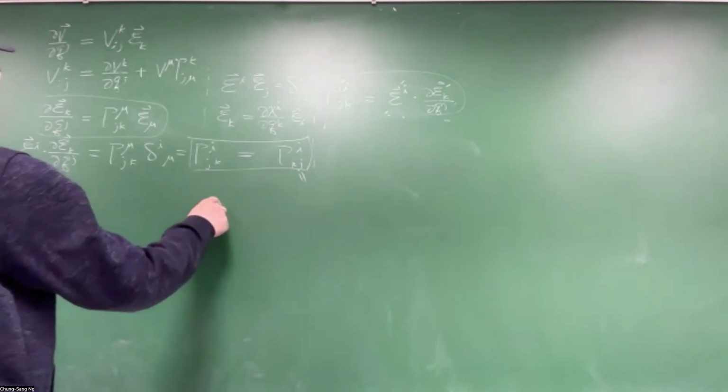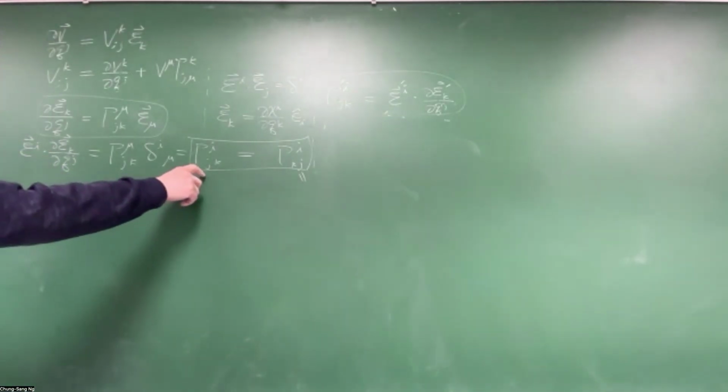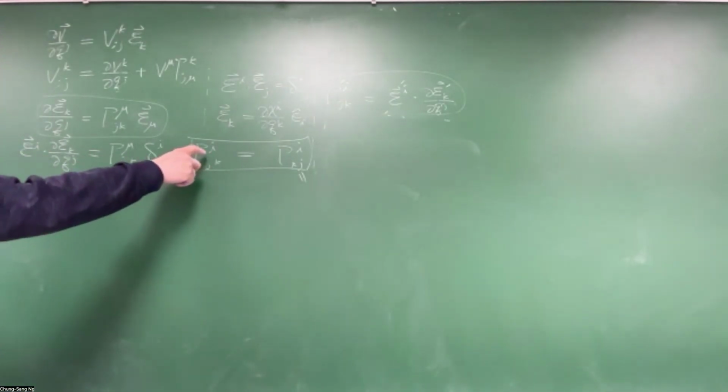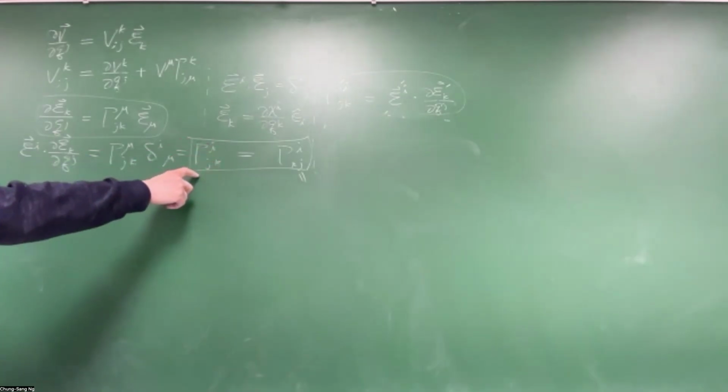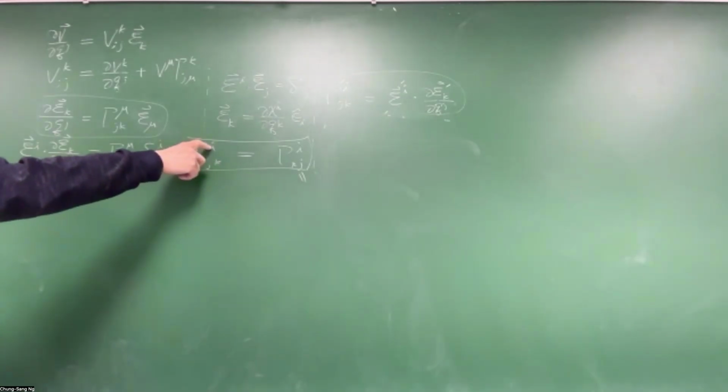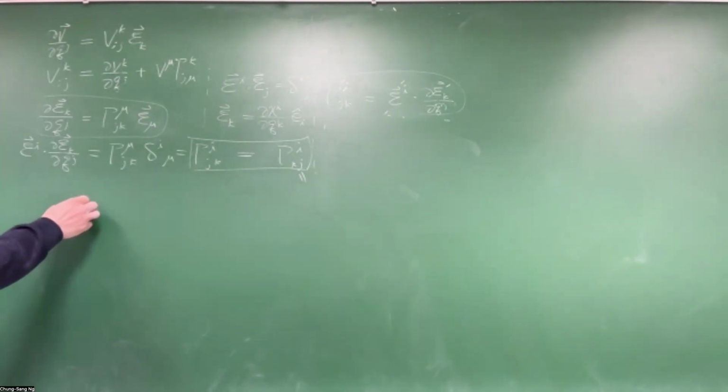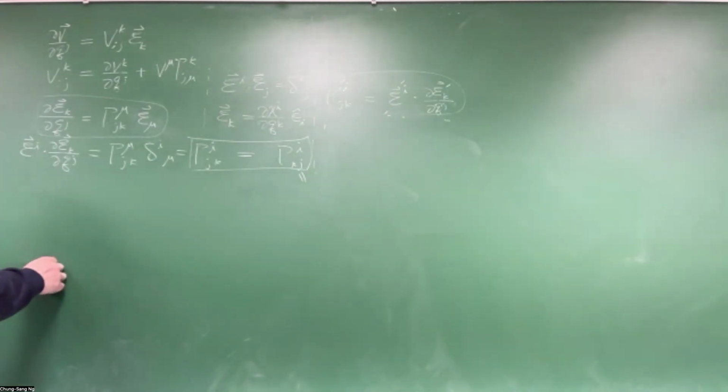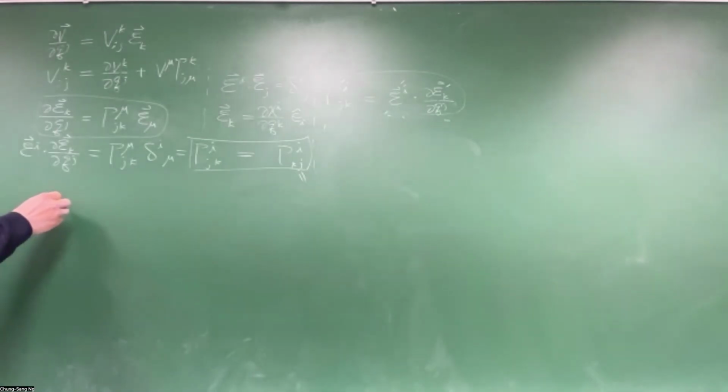Okay, so now we move on. First, we want to define something with all these indices in the subscript. So basically, we want to move this superscript down, and to do that, we just multiply by a covariant metric tensor.